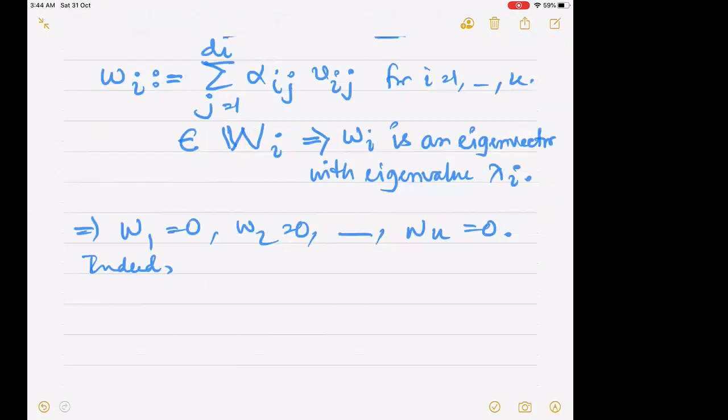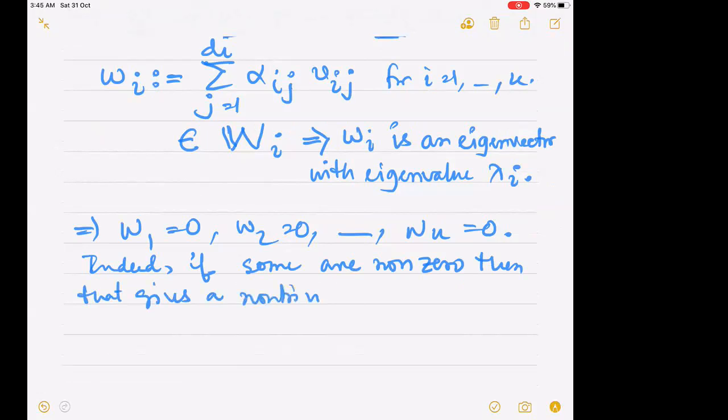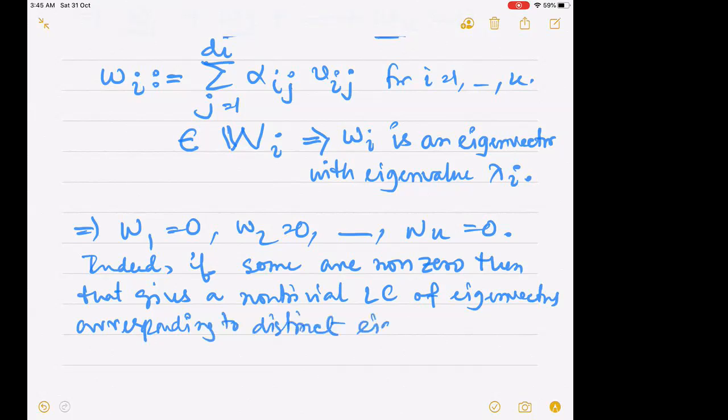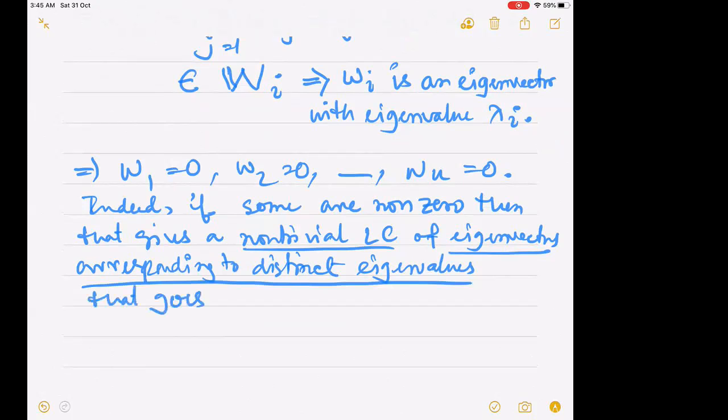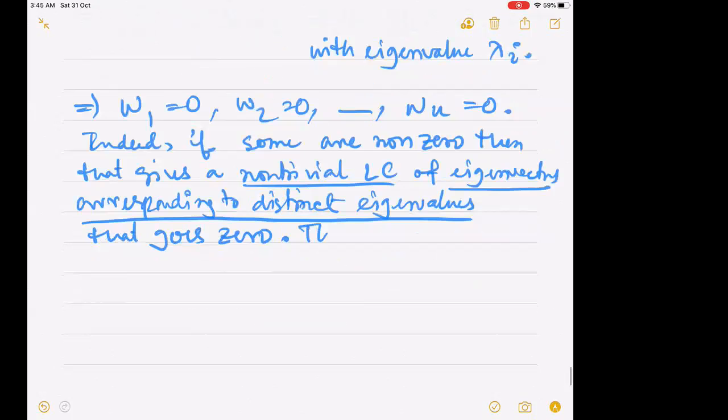So indeed if some are non-zero, then that gives a non-trivial linear combination of eigenvectors corresponding to distinct eigenvalues that goes to 0, but that contradicts the lemma from module number 2.